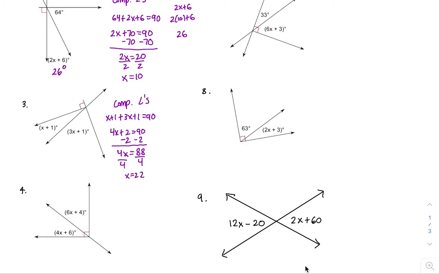So x equals 22. Now we plug in to find our angle measurement. So x plus 1 and 3x plus 1. We plug in 22 to both of them, and we find that one is 23 degrees and the other one is 67 degrees.